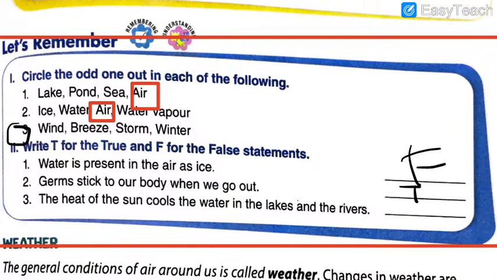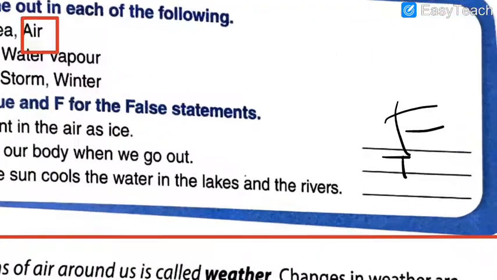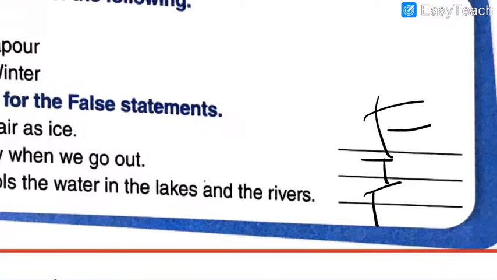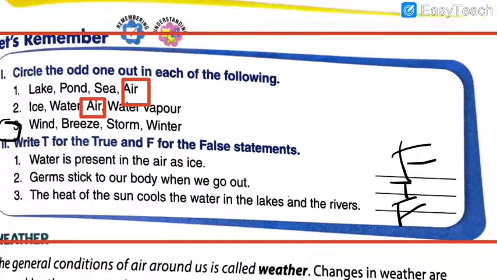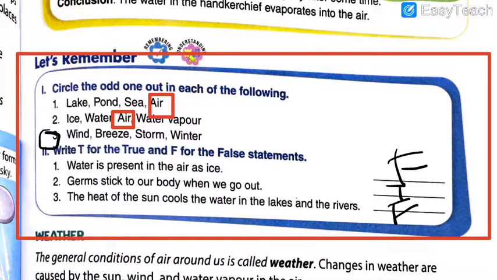That is why air stands out again, it is the odd one. Number 3: wind, breeze, storm, winter. Which one is the odd one? I am going to leave this for you as homework. Do number 3 by yourself and send it to me for correction, or if you have any doubt. So I will be able to know whether you are solving it on your own and whether you are watching the lecture properly or not.